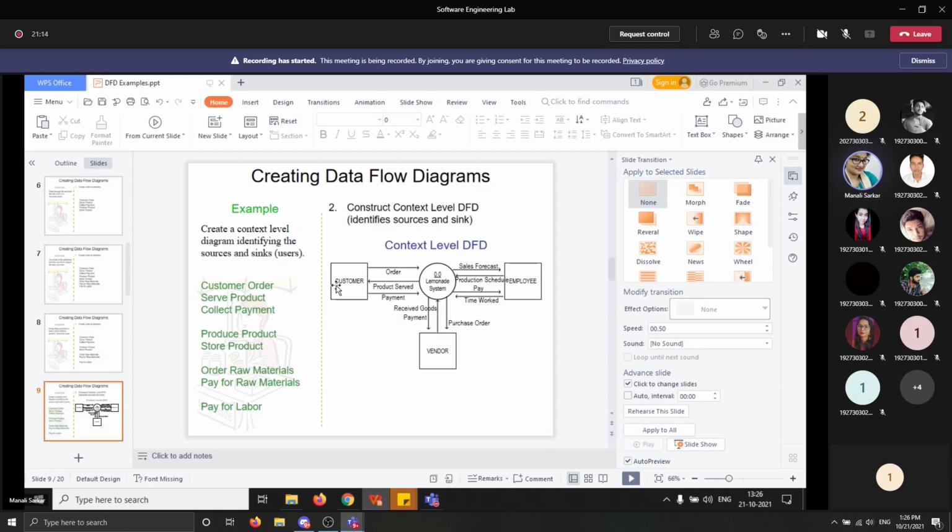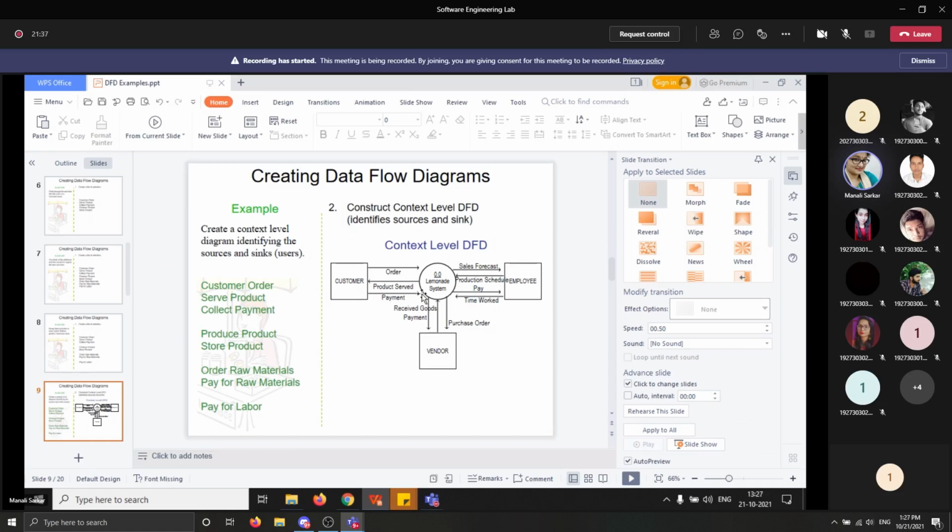That is, this is the source and this is the destination. So customer is ordering lemonade system, so that's why arrow is going from this to this. Now lemonade system is serving the product to the customer, so it is from this to this direction. Customer is giving the payment, so that's why it is from this direction to this direction.